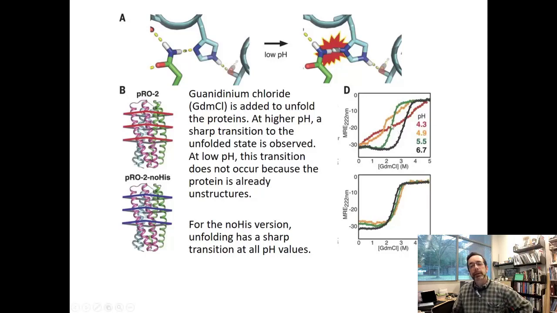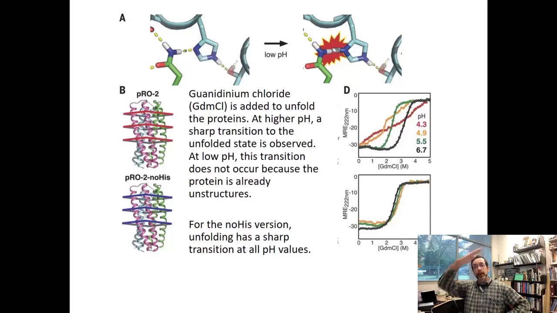But notice that you see all the different colors not lining up anymore for the Pro2 protein on top. If you look up here, you see that the red line and the yellow line don't show the sharp transition, which is a sign of a stable protein unfolding. In fact, it looks like they've already been unfolded. So this shows that they don't have much structure.